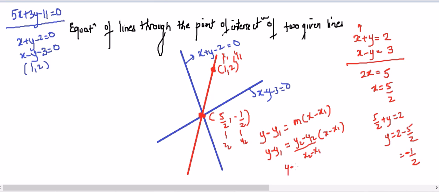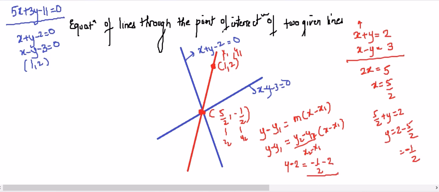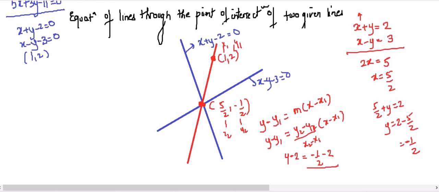Y minus y1, which is 2, y2 is minus 1 over 2 minus y1, which is 2, divided by x2, which is 5 over 2, and x1 is 1, times x minus x1, which is 1.